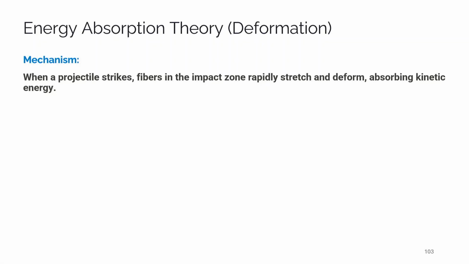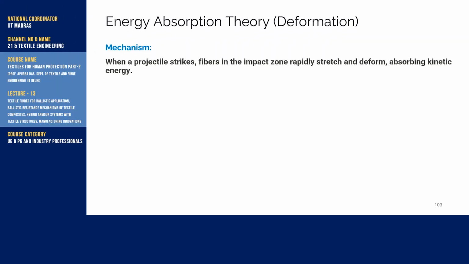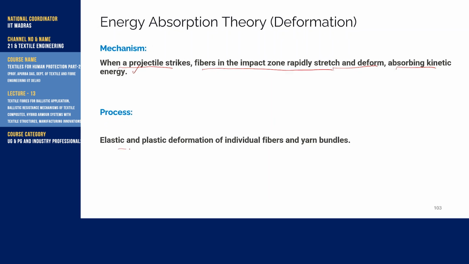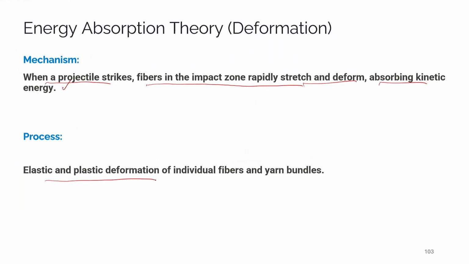So, the theory of deformation is that when the projectile strikes, fiber in the impact zone rapidly stretches and deforms, absorbing the kinetic energy. That is the first mechanism, and here the process is the elastic and plastic deformation of the individual fibers and yarn bundles.